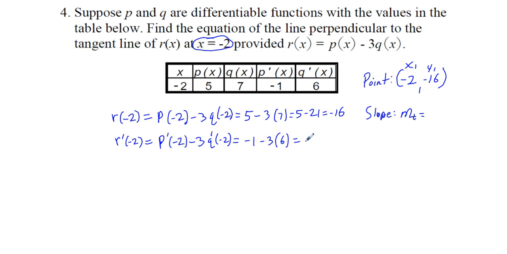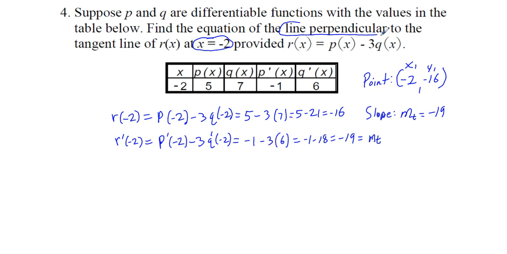So we have -1 minus 18, which is going to be equal to -19. So that's going to be m sub t.